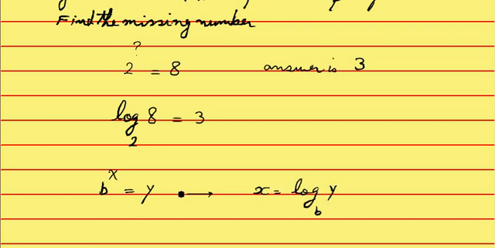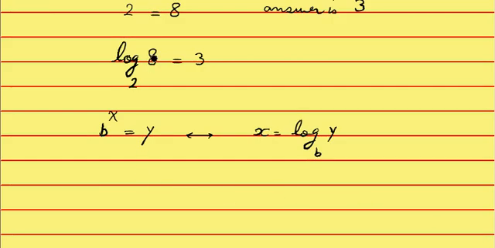These are stating the same fact. Let's just review what we just said. If you write 2 to the power of 3 is equal to 8, that is expressing the same information as saying that 3 is equal to logarithm of 8 in base 2.